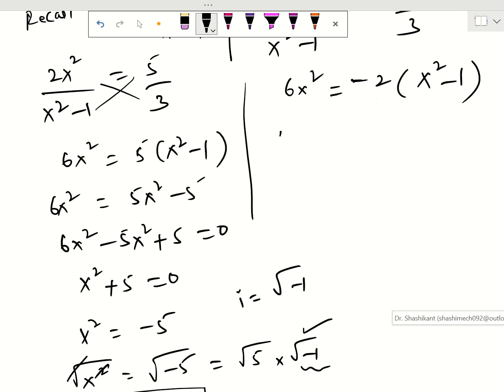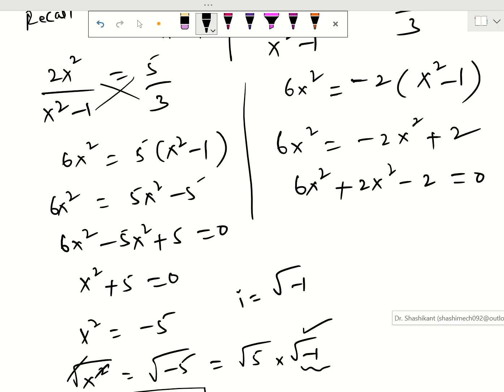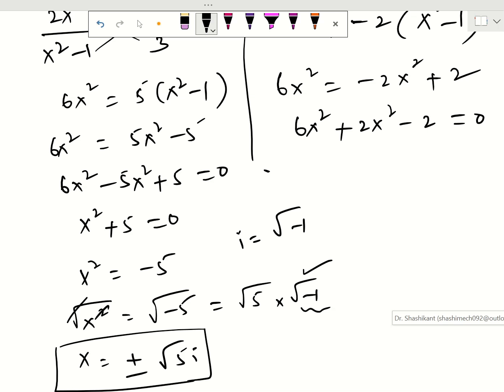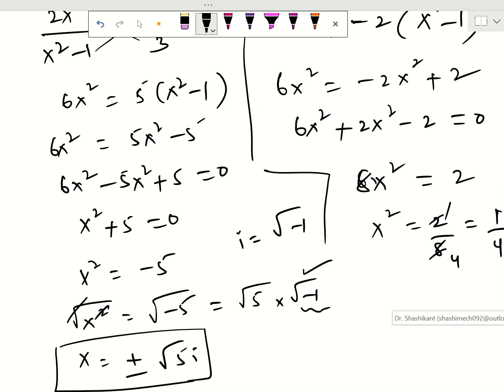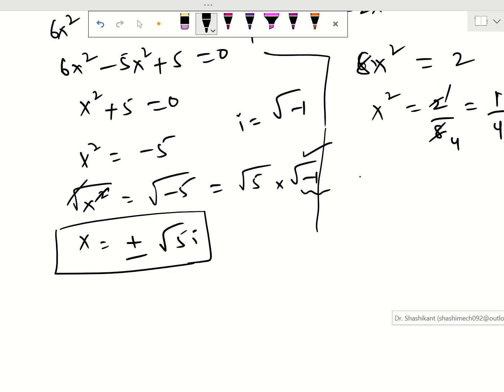If we solve this, we will have 6x² = −2x² + 2, minus into minus is plus. Taking this to the left, it will be 6x² + 2x² − 2 = 0. So 8x² = 2, and x² = 2/8, which is 1/4.